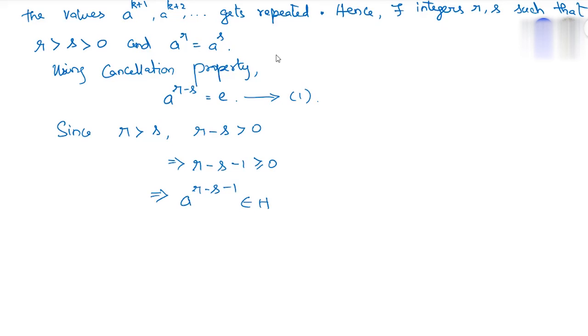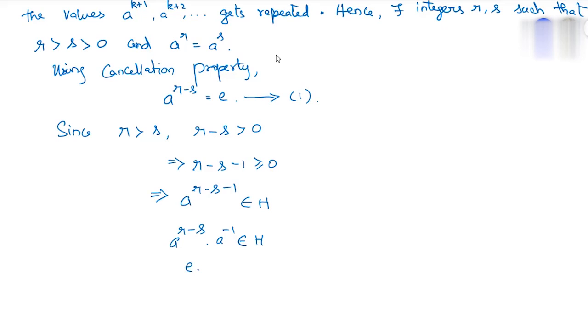As I already said, this particular element will be in H, because whatever power of an element it may be, it will be in H. So a power r minus s minus 1 belongs to H. Therefore a power r minus s into a inverse belongs to H. You can write a power r minus s minus 1 as a power r minus s into a power minus 1, which belongs to H. We know that a power r minus s is e.